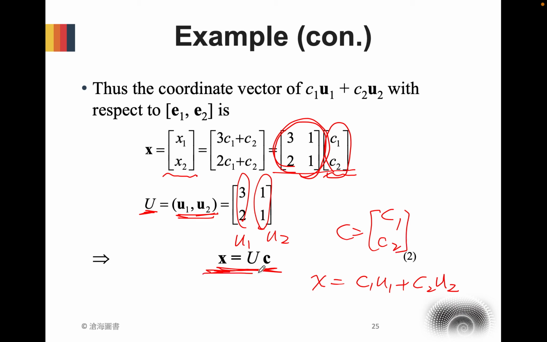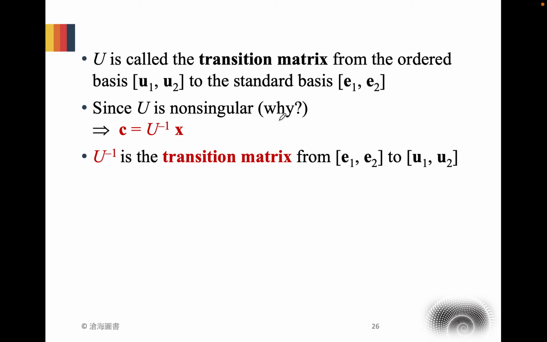So this equation transforms the coordinate vector with respect to u1, u2 into the coordinate vector with respect to the standard basis. So this is what this sentence says: U is the transition matrix from the older basis u1, u2 to the standard basis e1, e2. So the matrix U is this kind of transition matrix.